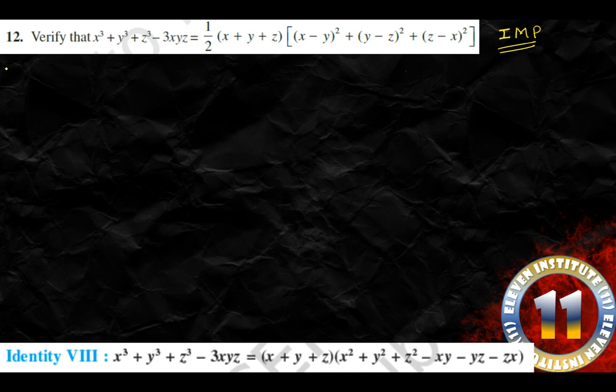So let us start the solution from the left hand side. So what we have on the left hand side is this. Right, this is on the left hand side.